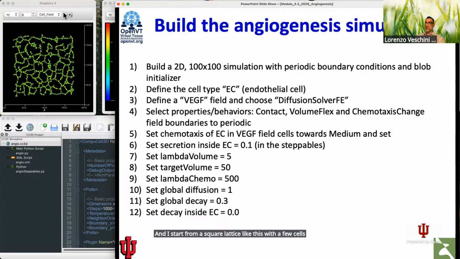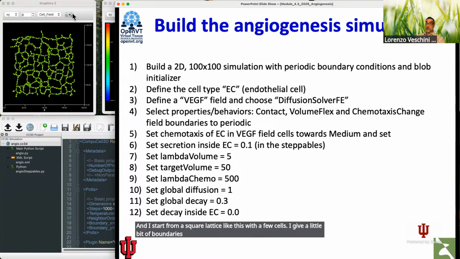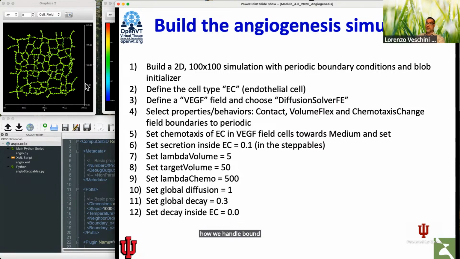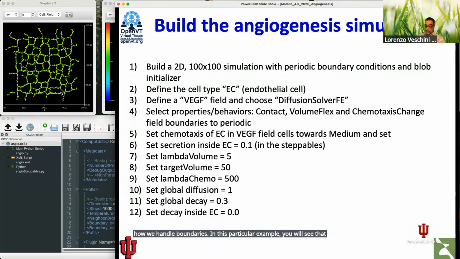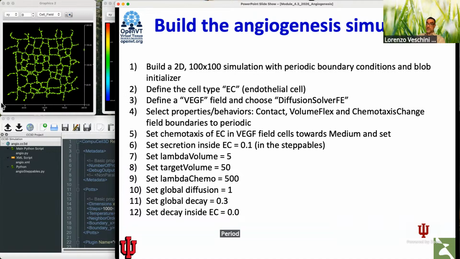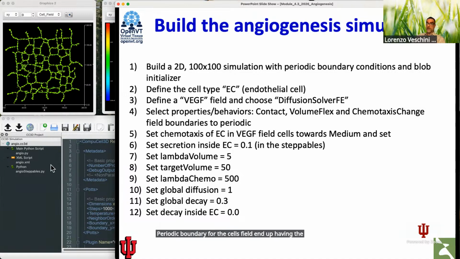I give a little bit of boundaries. It's interesting because we can discuss a little later, if we have the time, how we handle boundaries. In this particular example, you will see that with the periodic boundary the cells will end up having the bits interconnected.